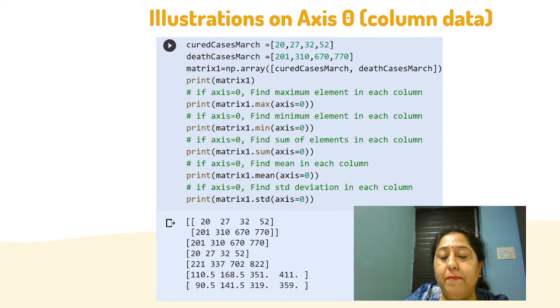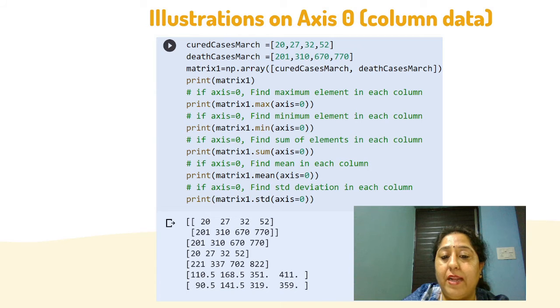Similarly, we can apply the min function and the sum function. When we apply the sum function, you see the output here. You are getting the first output as 221. This is actually the sum of 20 and 201. Likewise, the last result is 822, which is the summation of 52 and 770.